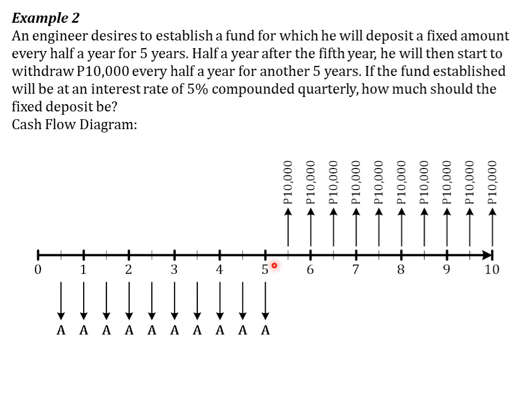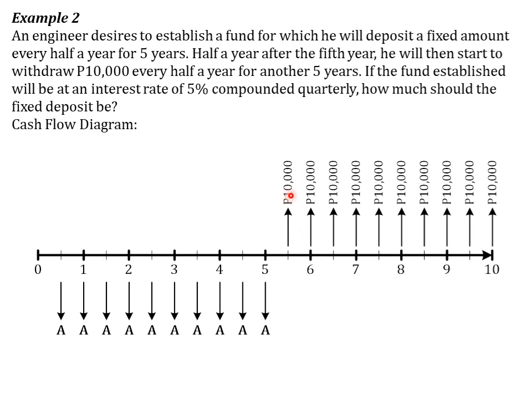Then half a year after the 5th year, the fund will start, and the engineer will start withdrawing 10,000 pesos also every half a year, and also for another 5 years. So, half a year for 5 years, that will be 10 moments of 10,000 pesos withdrawal.